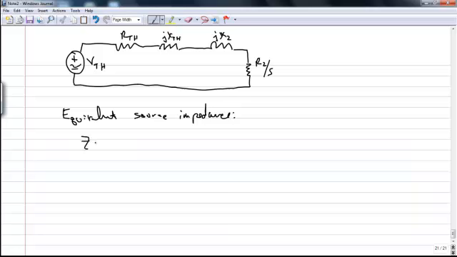So, the equivalent source impedance Z source is equal to RTH plus jXTH plus jX2, right? Here's our load across R2 over S, so everything else is the source.